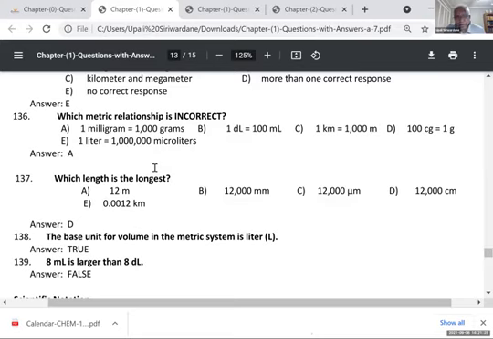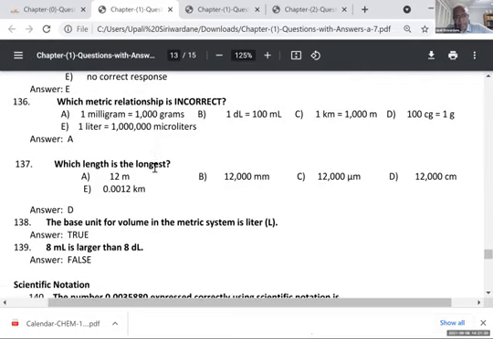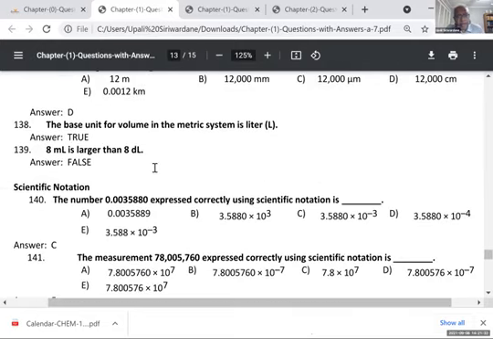That is the longest. Next, 8 milliliters is larger than a deciliter. Deciliter is a 10th of a liter. Milliliter is a thousandth of a liter. So therefore false.